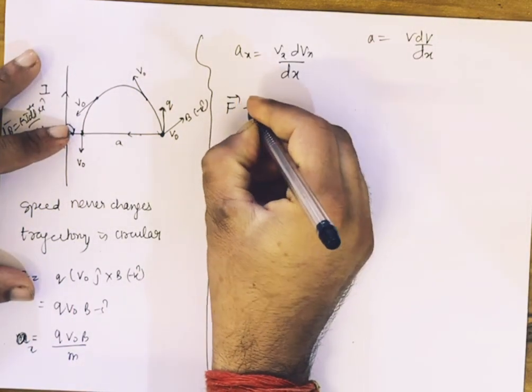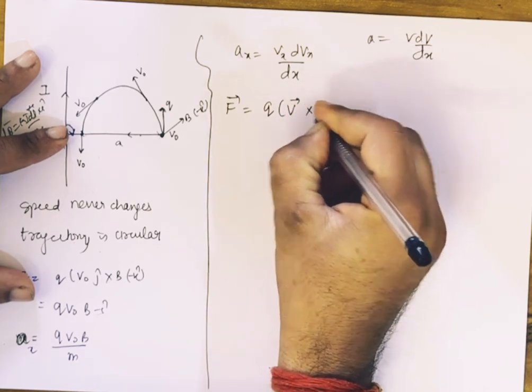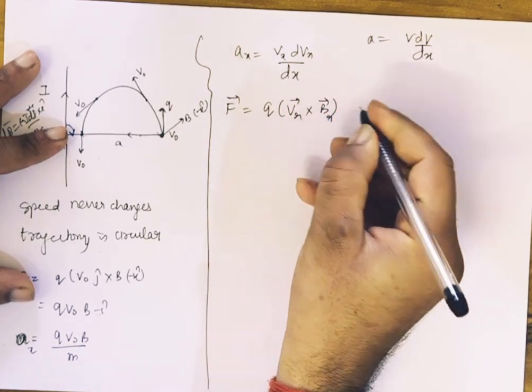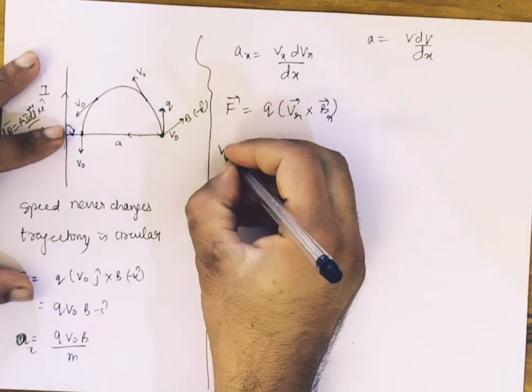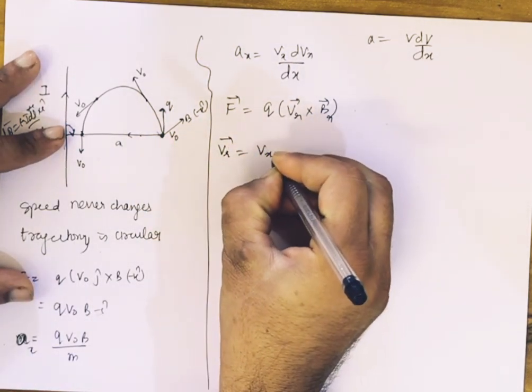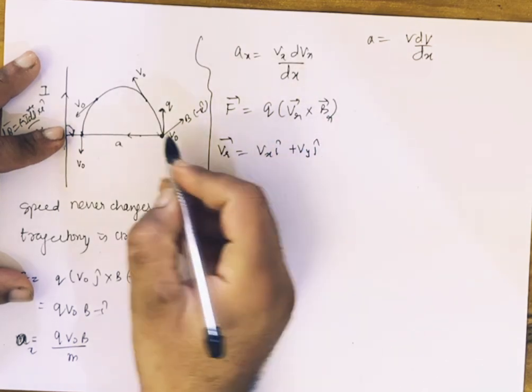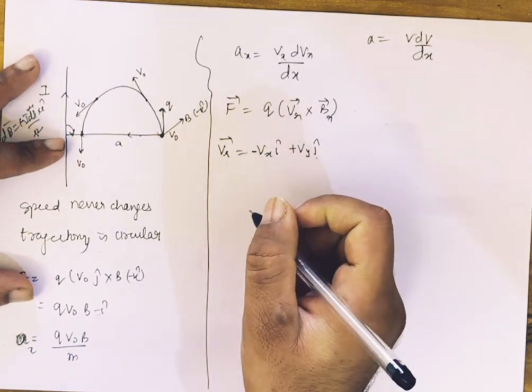At any instant the force is q v cross B. Though the speed will always be v0, the x and y components will keep changing. So v will be vx i cap plus vy j cap. Since it is moving towards the left, it is negative vx i cap plus vy j cap.